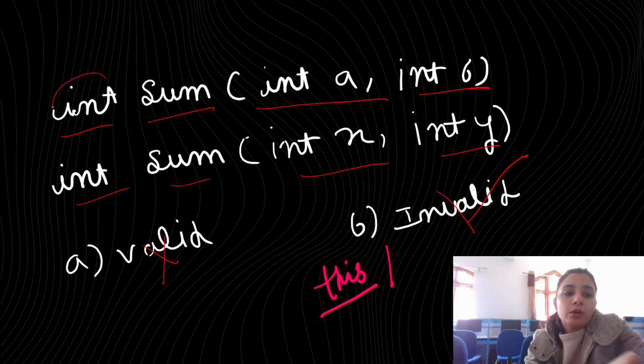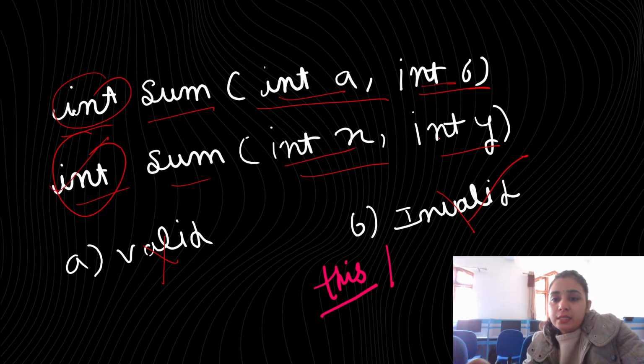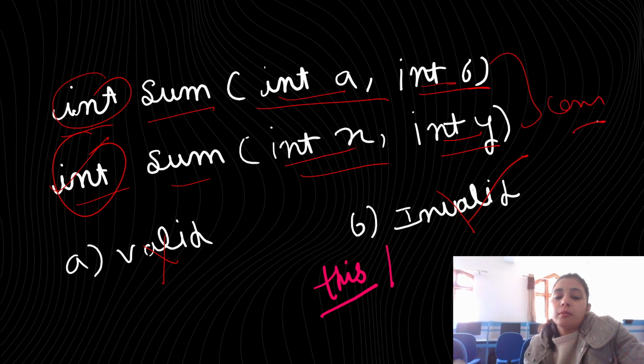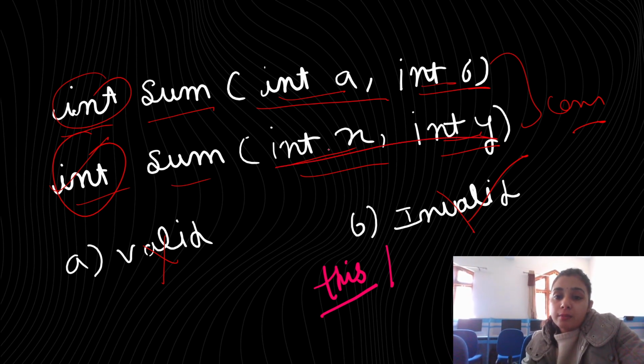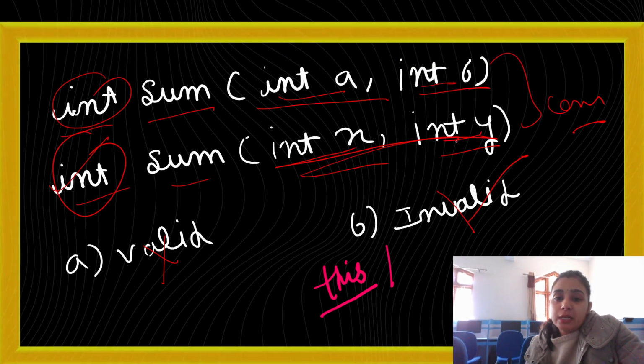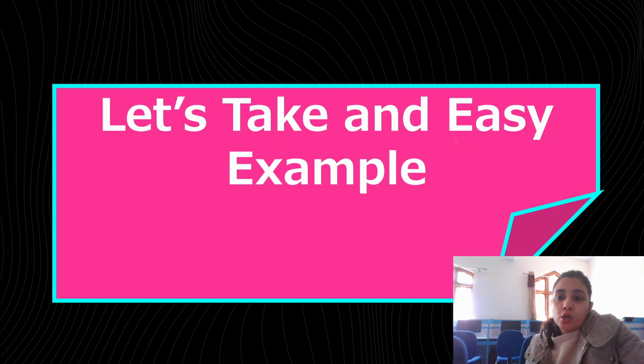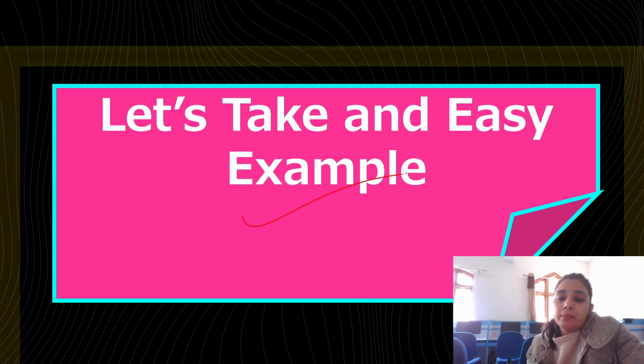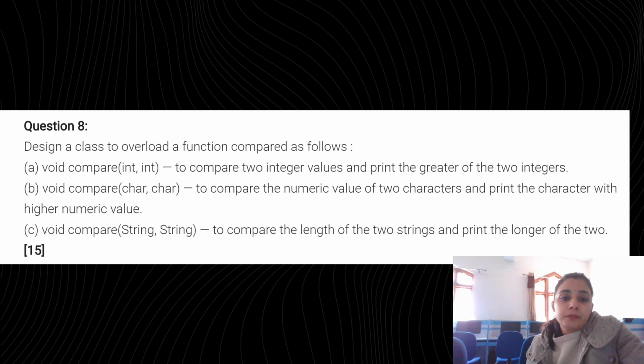But here integer is creating confusion for the compiler. Your compiler will get confused as to which function you are calling. You have created the same name function, that's fine, this is function overloading, but you have given the same type and the same number of arguments also. So we have already taken the example. Okay, so next you have the question, so do this question at home.